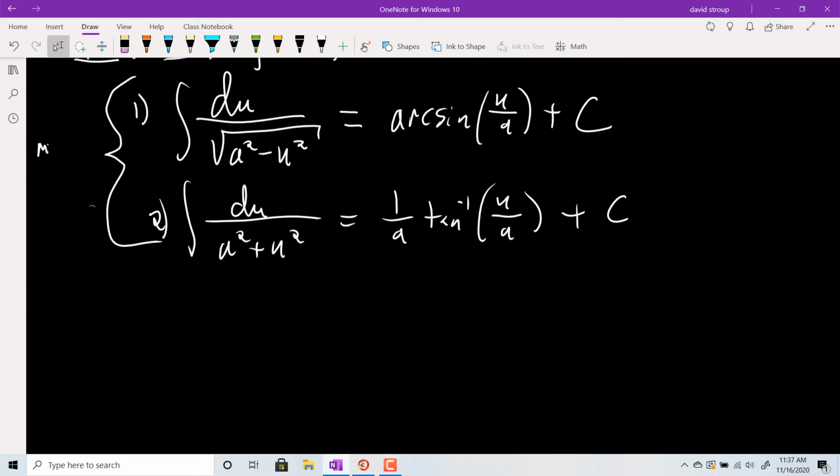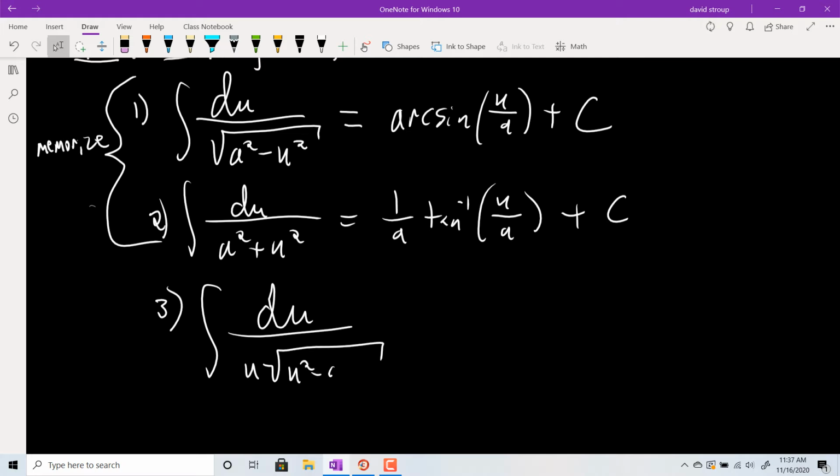So more stuff to memorize. And then the third one, you don't have to have memorized, but you should be familiar with. Du all over u times the square root of u squared minus a squared equals 1 all over a times arc secant of the absolute value of u all over a plus c.